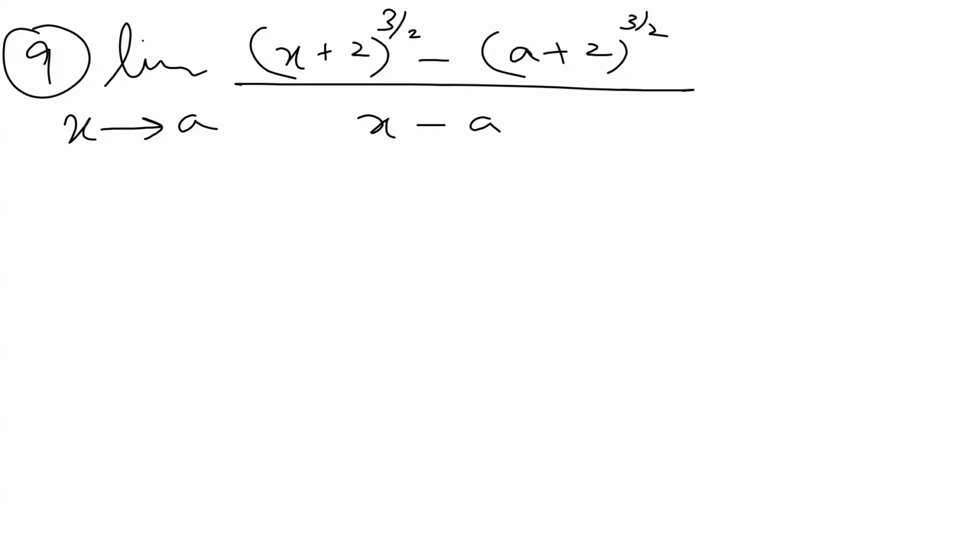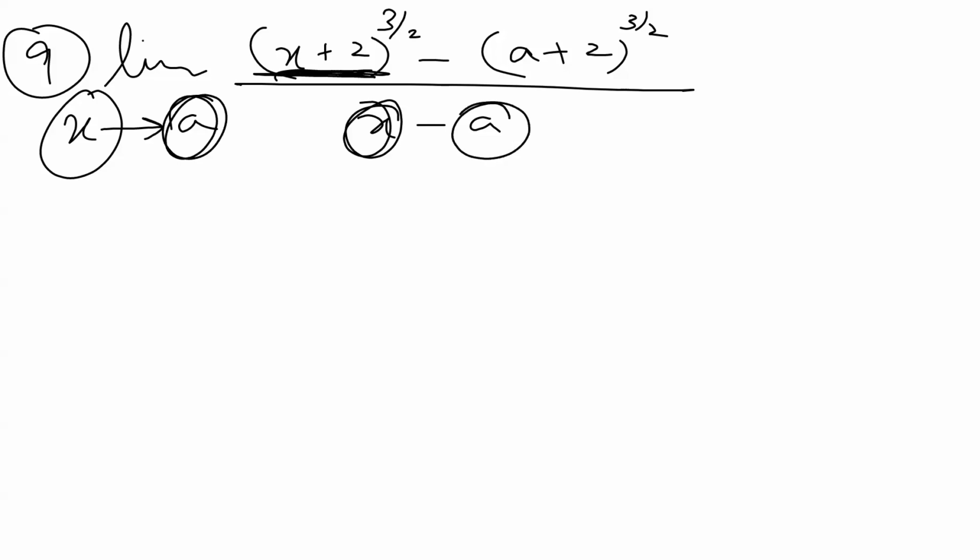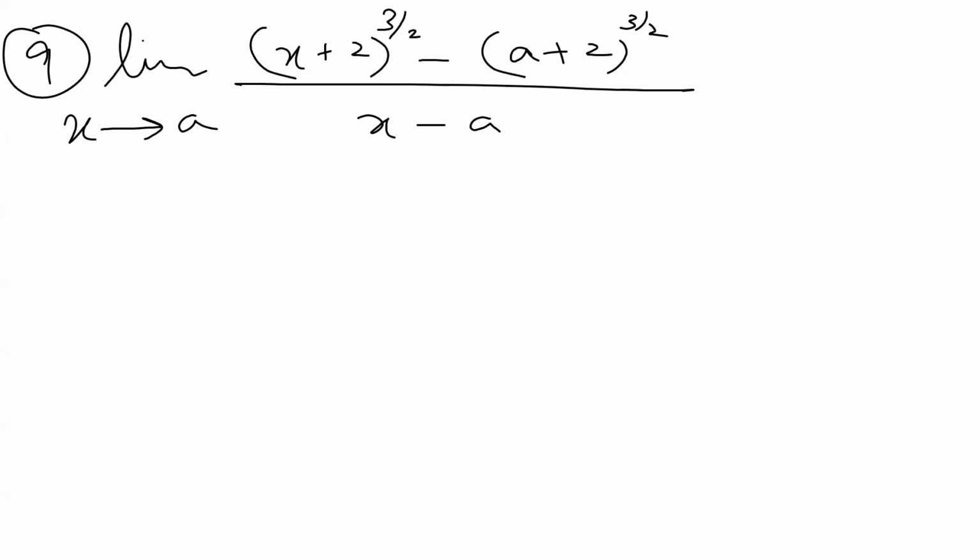Can we apply the formula which we had been doing? No, sir. We cannot really apply the formula over here, because here it is x, here it is x plus 2, and again here it is x. So it's a mismatch. Here it is a, here it is a, but here it is a plus 2. So some manipulations are required.